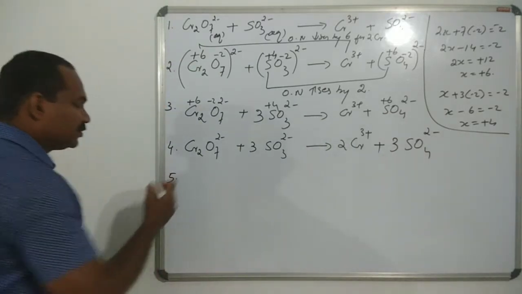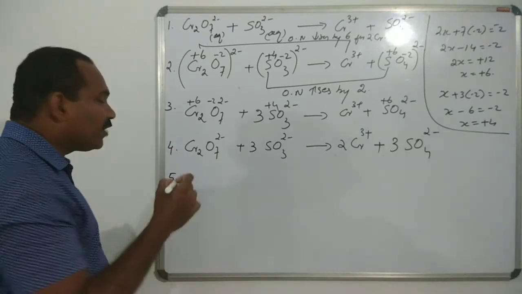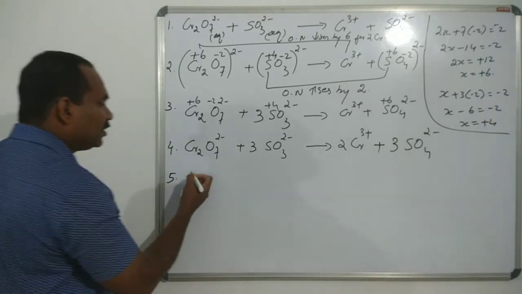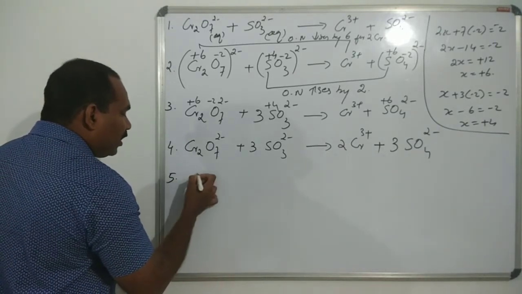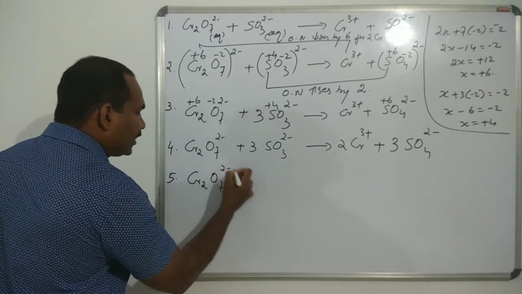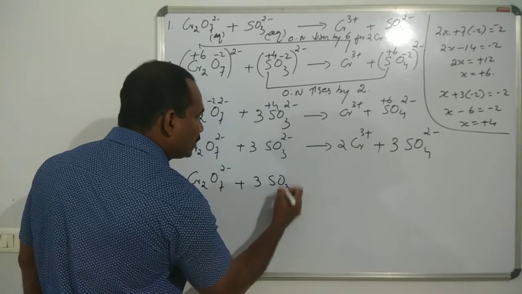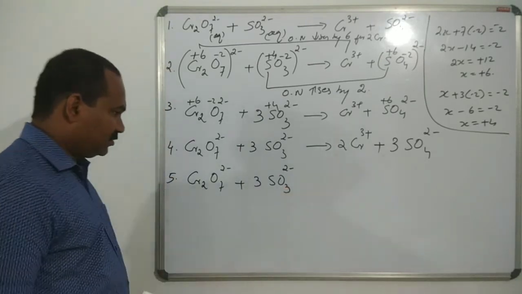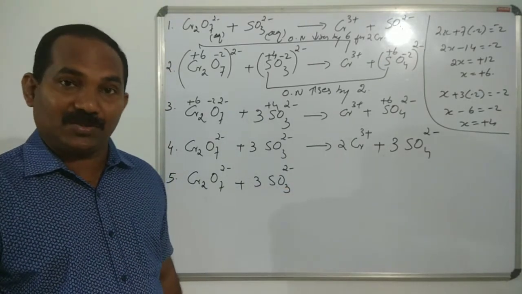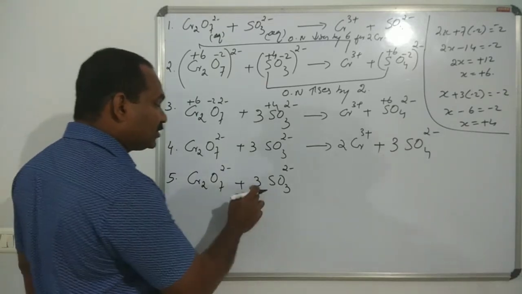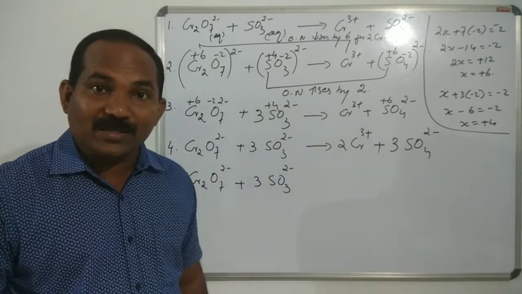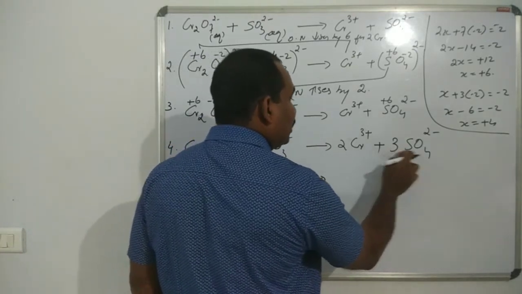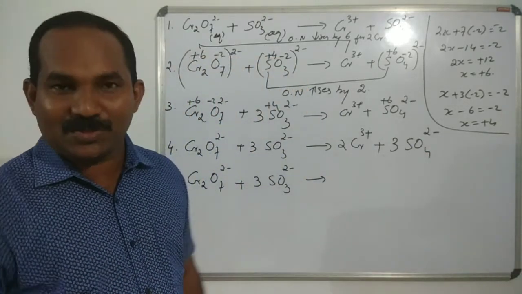And the fifth step. In the fifth step, we balance the oxygen atoms. So Cr2O7 2- plus 3SO3 2-. 7 plus 9, 16 oxygen atoms. 7 oxygen plus 3 into 3, 9. Total 16 oxygen atoms gives here 3 into 4, 12 oxygen atoms.